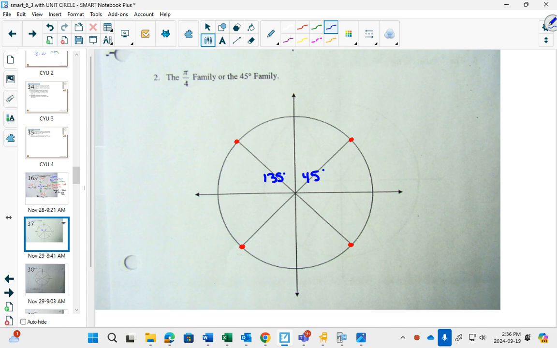In quadrant 3, I would go 180 plus a reference angle of 45, which is 225 degrees. And in quadrant 4, I would go all the way around, 360 minus my reference angle of 45, and get 315 degrees.